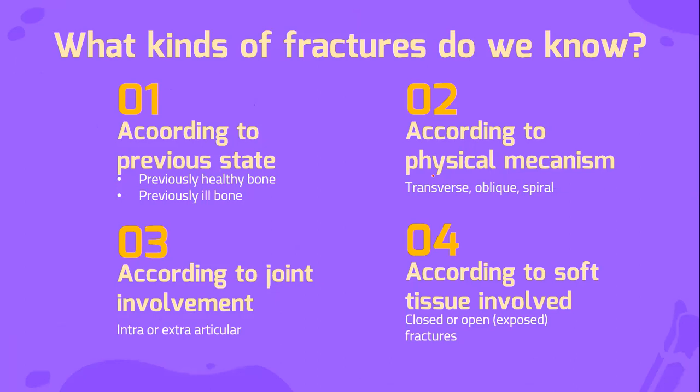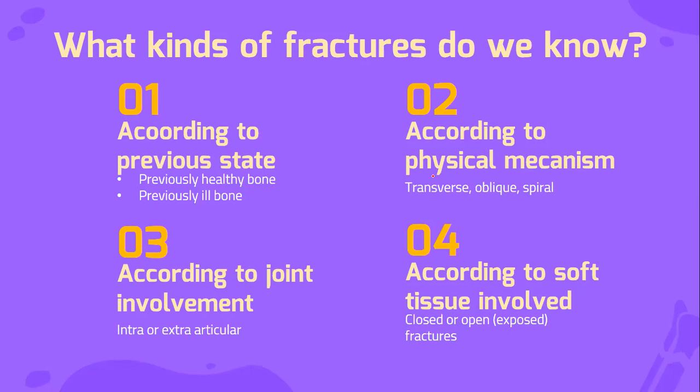So here we have just a few, and in some other slides we have some more. Here we have fractures that are classified according to the previous state. So let's get started with fractures.